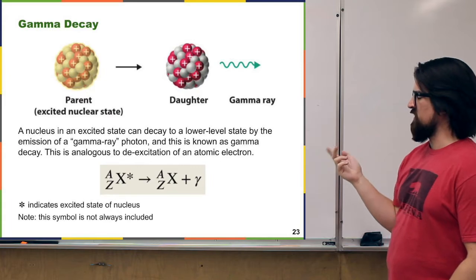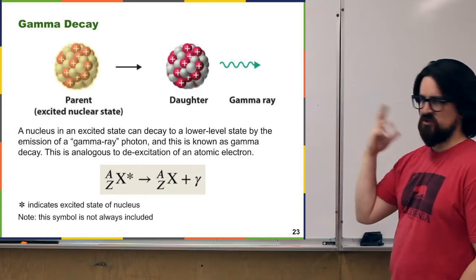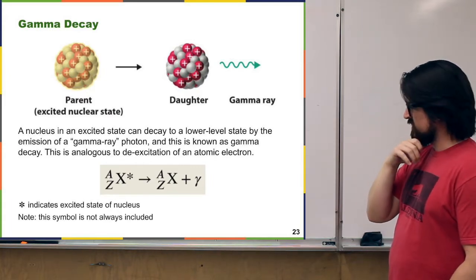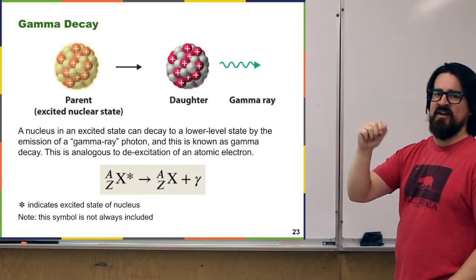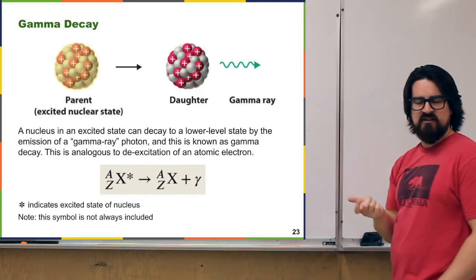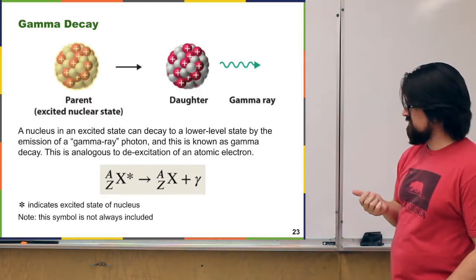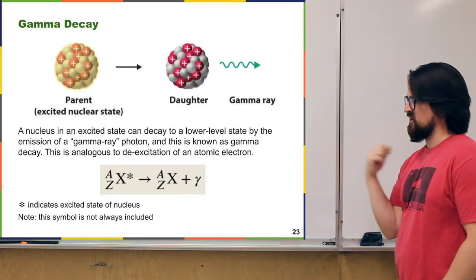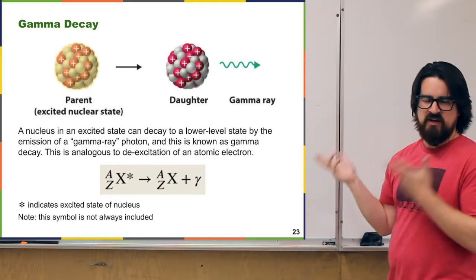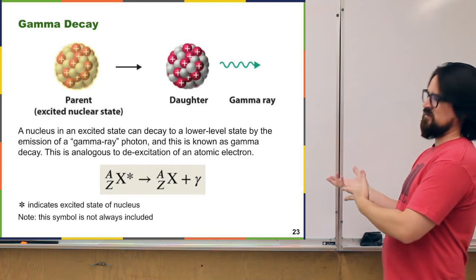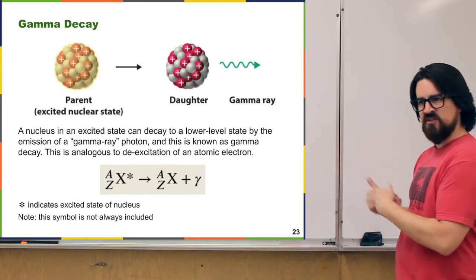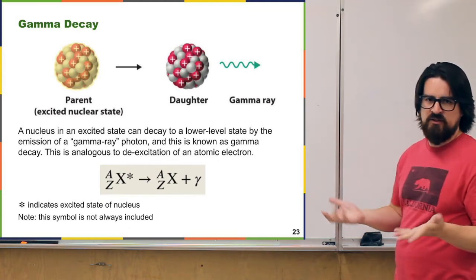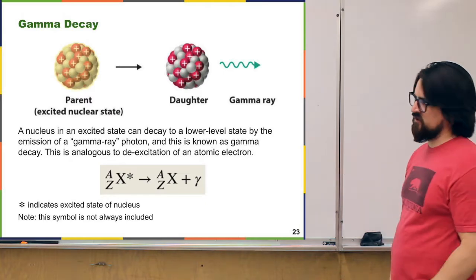So here we're indicating that the original atomic nucleus, we write a little star on that to indicate that it's an excited state of that nucleus, and then it goes to an unexcited state. But it's not always the case that people write that little star. You see this representation where a nucleus goes to itself plus a gamma ray. It was an excited nucleus, that's kind of implicit.